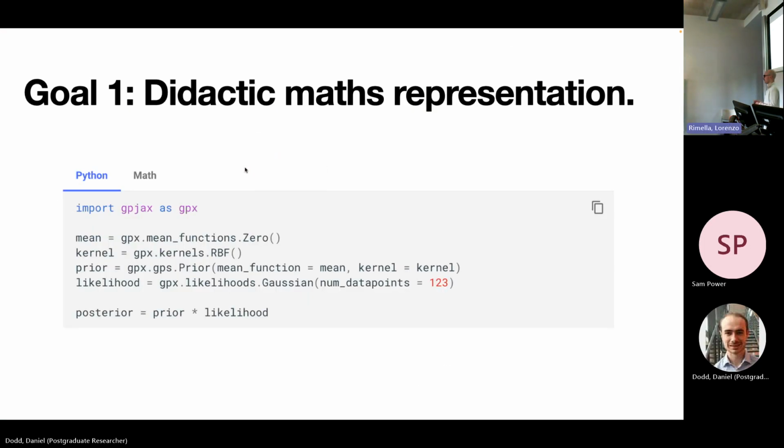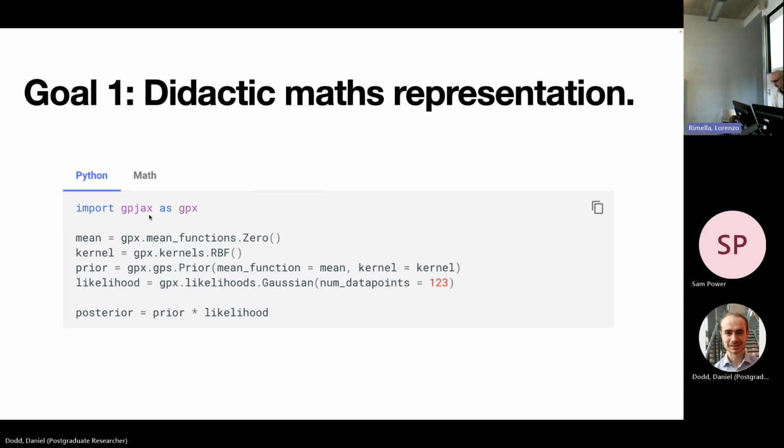We have three main goals for GPJax that I want to talk about today. Goal number one is we want to make the math representations quite close to the code, both for teaching and for making it extensible and easy to do research.